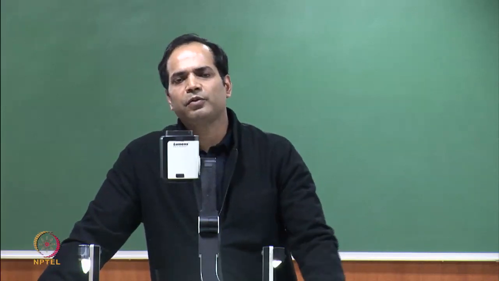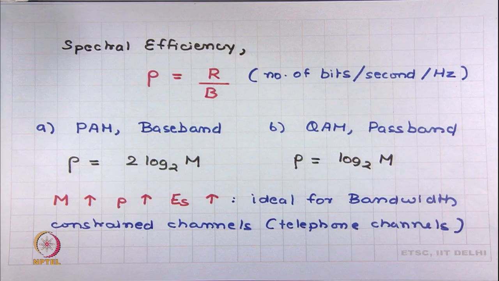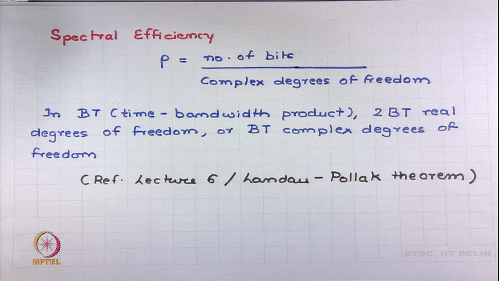But over telephone channels, what we wanted to have always is more and more bit rates. That is the primary resource, and thus for bandwidth constrained channels, you want to have a larger m, because that will increase the spectral efficiency of your scheme, though it will punish you by making you invest more symbol energy.